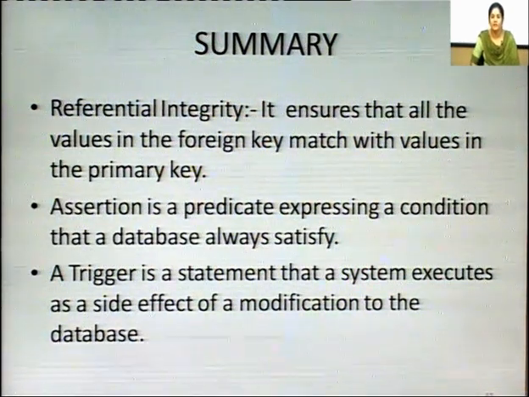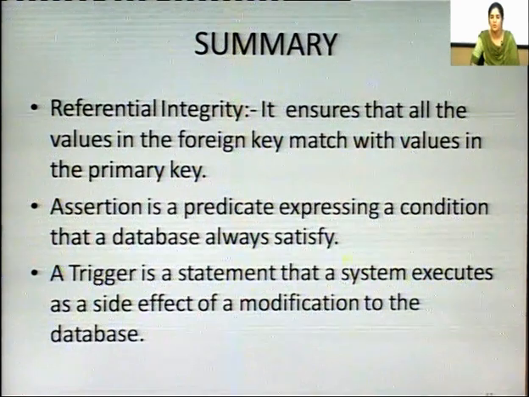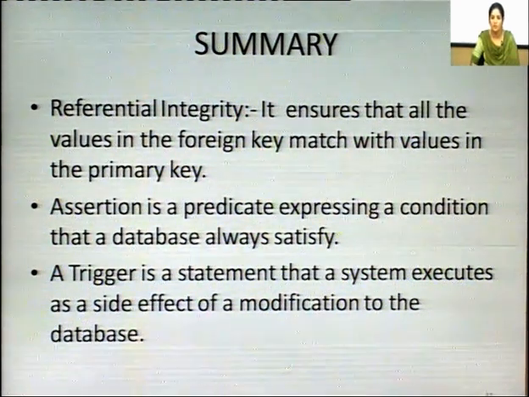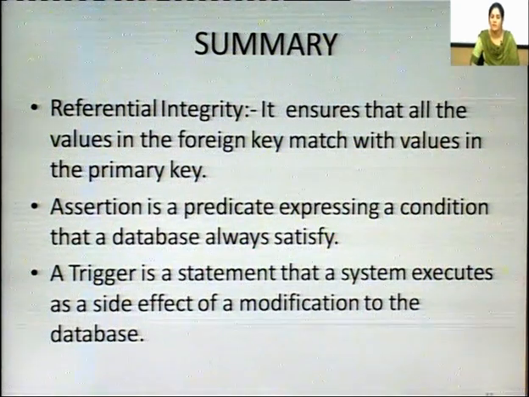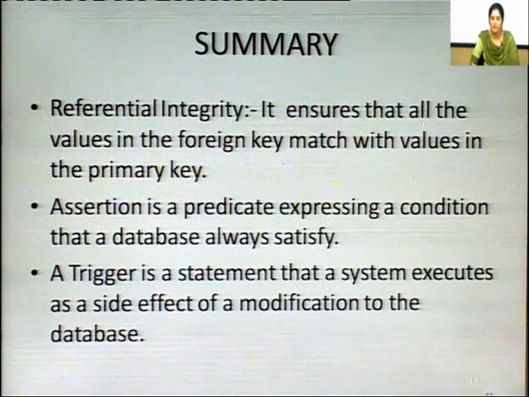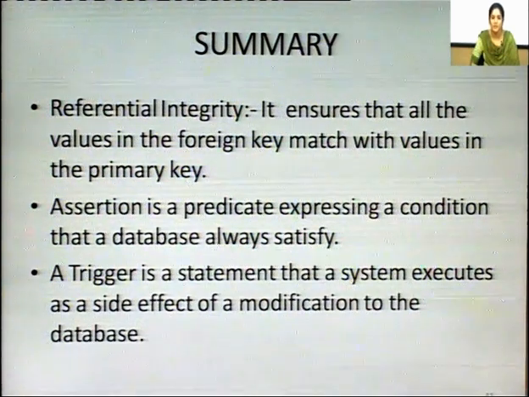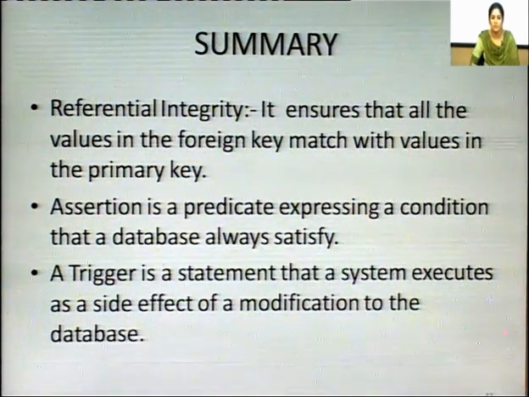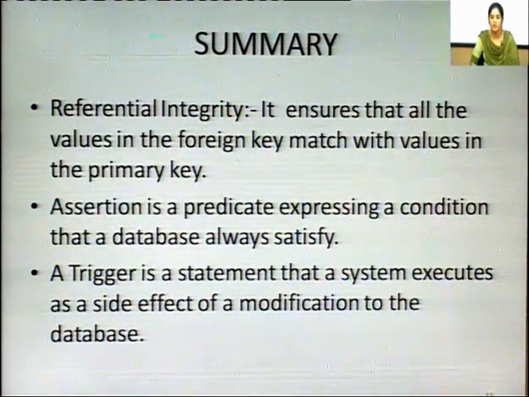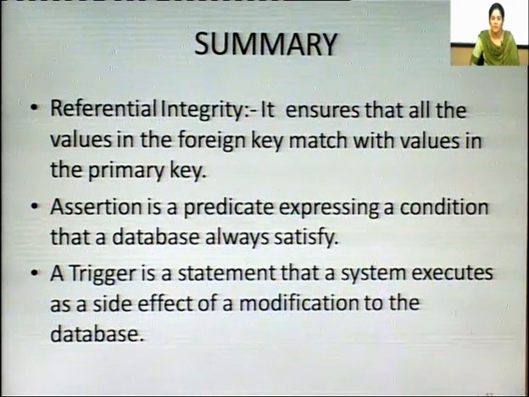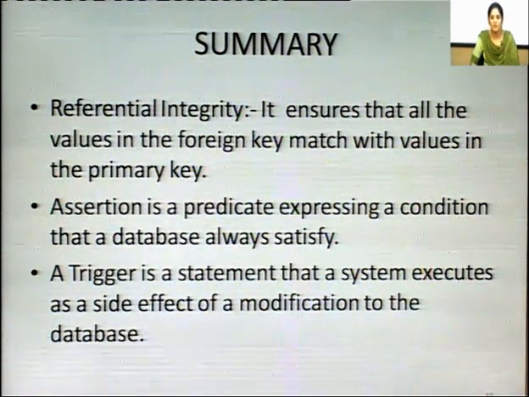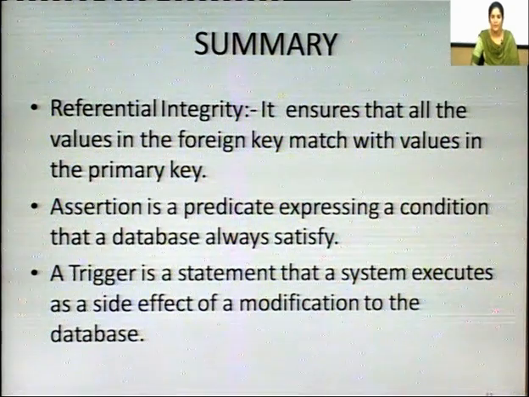Next is referential integrity. It ensures that all the values in the foreign key match with the values in the primary key. Whenever a table does not have a primary key of its own, it derives the values from the primary key of some other table. In that case, the values in the foreign key should match the values given in the primary key of the other table from which it derives these values.